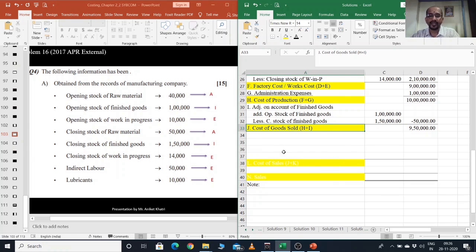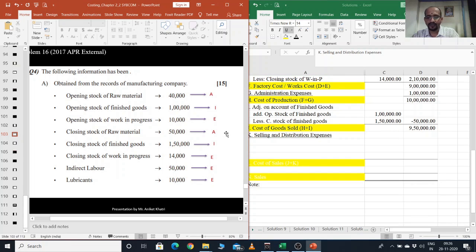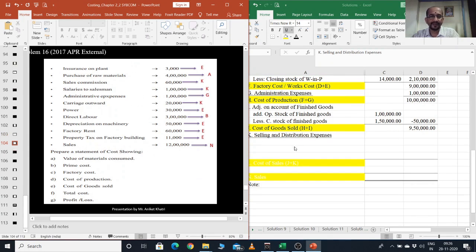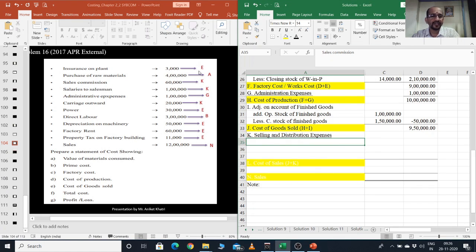Now add the selling and distribution expenditure. On the first page, not a single item is there on K, so let us see on the next page. Here the first item is sales commission 60,000, right? Next, salaries to salesmen 1 lakh, write it.